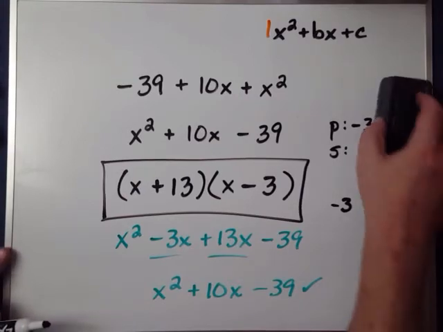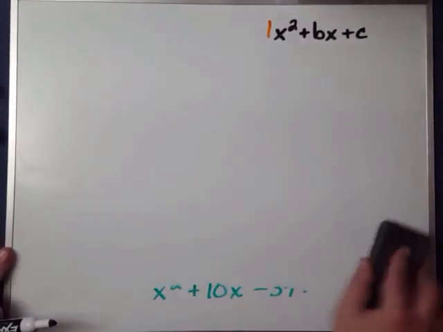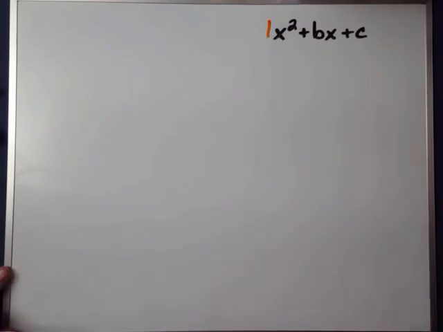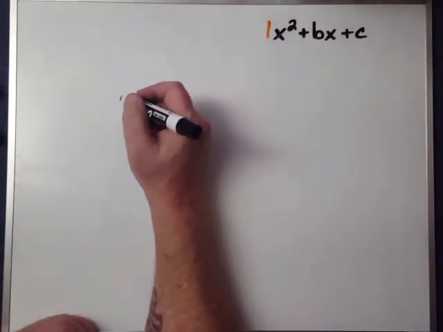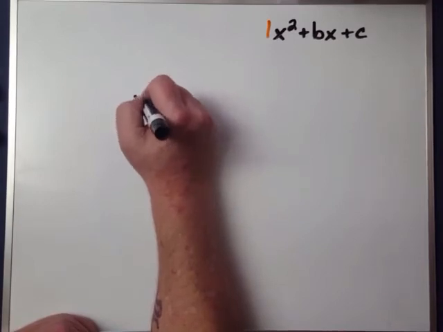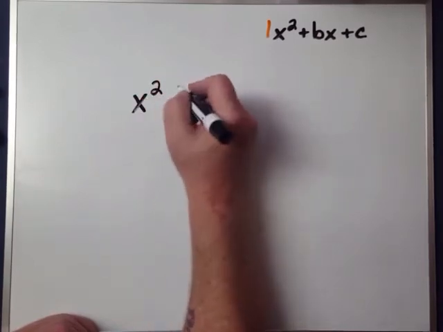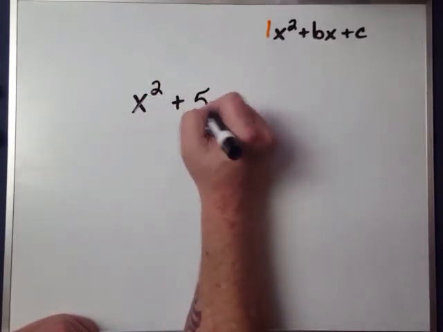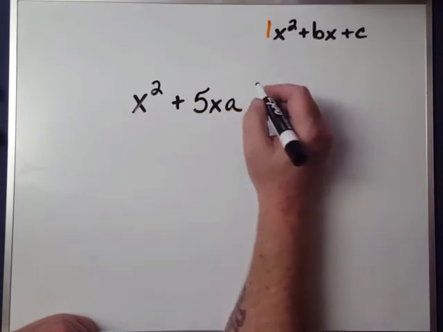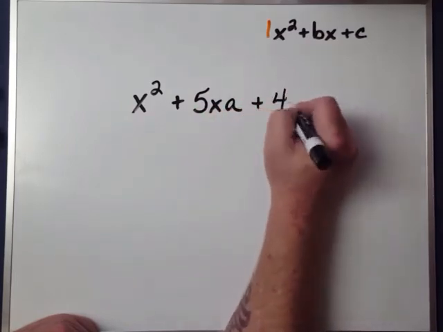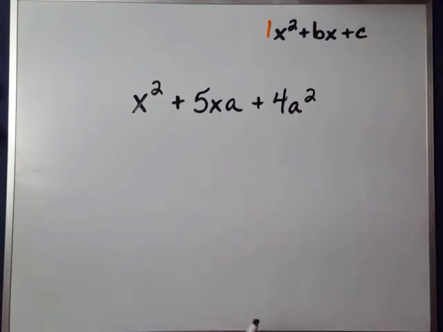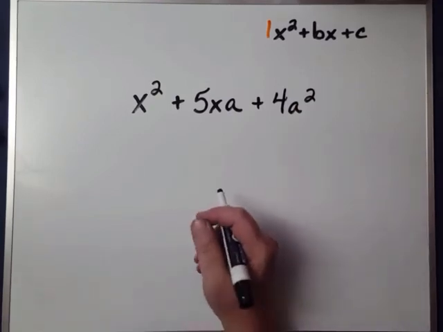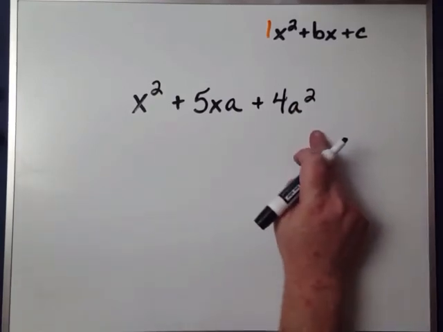Look at number 46. 46 is a little bit different critter, but not too bad. In number 46, we have an extra variable running around, but it's nothing to get excited about. Think about what kind of FOIL problem would have created this trinomial.